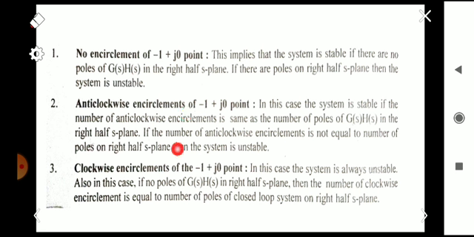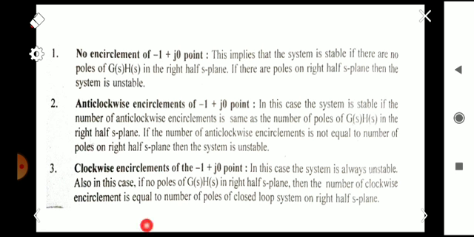If the number of anti-clockwise encirclements is not equal to the number of right half poles, the system will be unstable. And one more case is clockwise encirclement. If you are having a clockwise encirclement of the minus 1 plus j0 point, then in this case the system is always unstable.